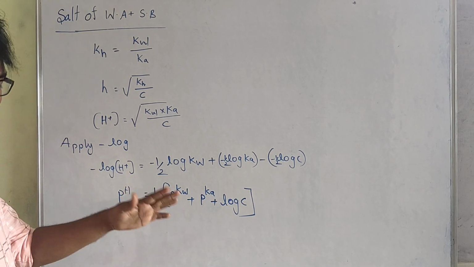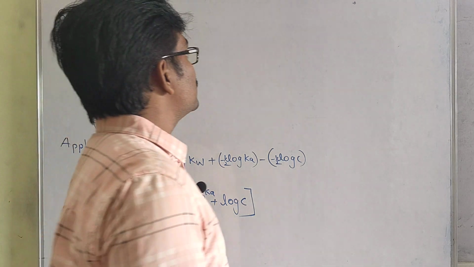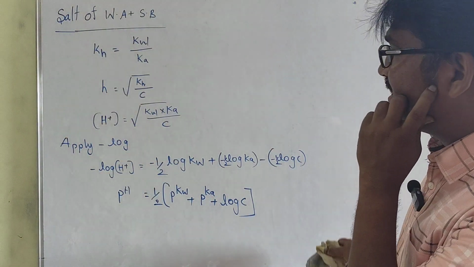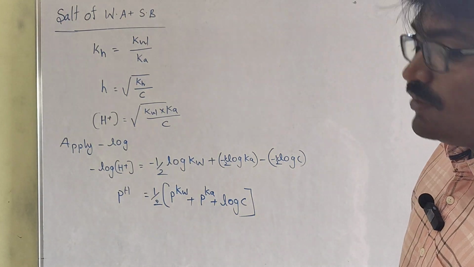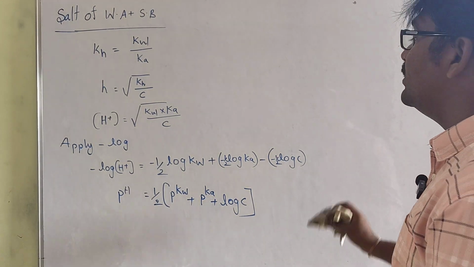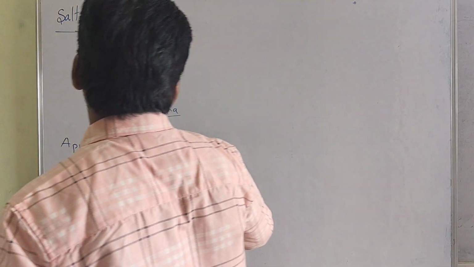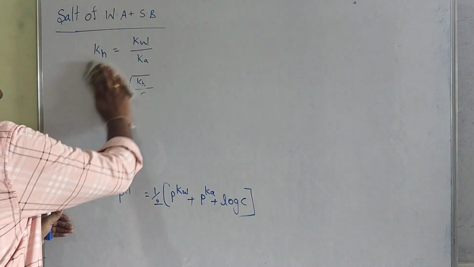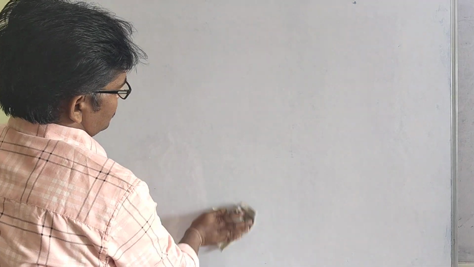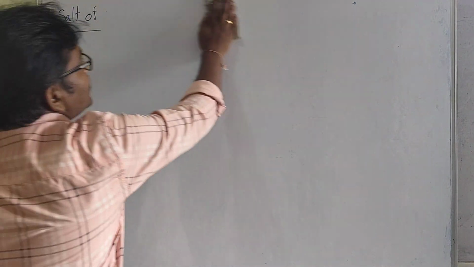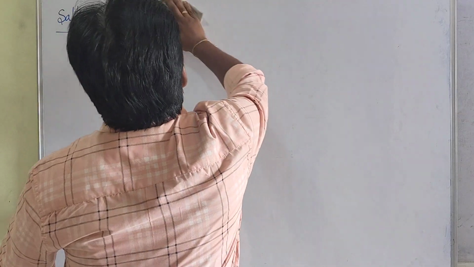Understand? Yes. Next, the salt we are going to discuss is the salt of a strong acid and weak base. You have to discuss the salt of a strong acid and weak base.